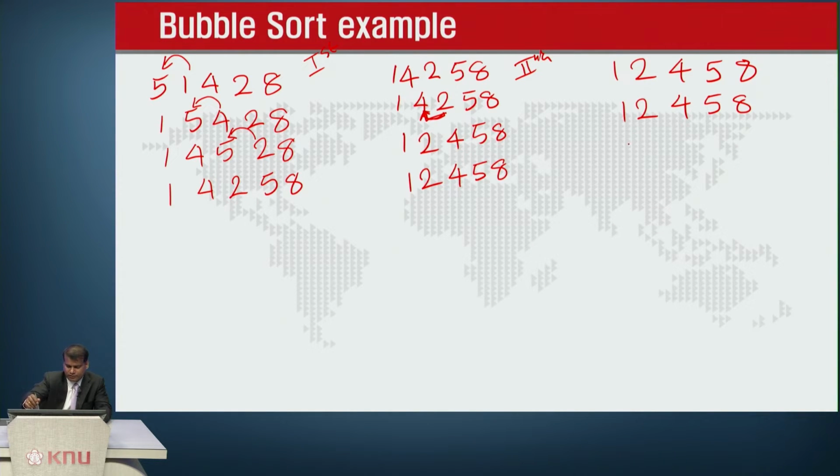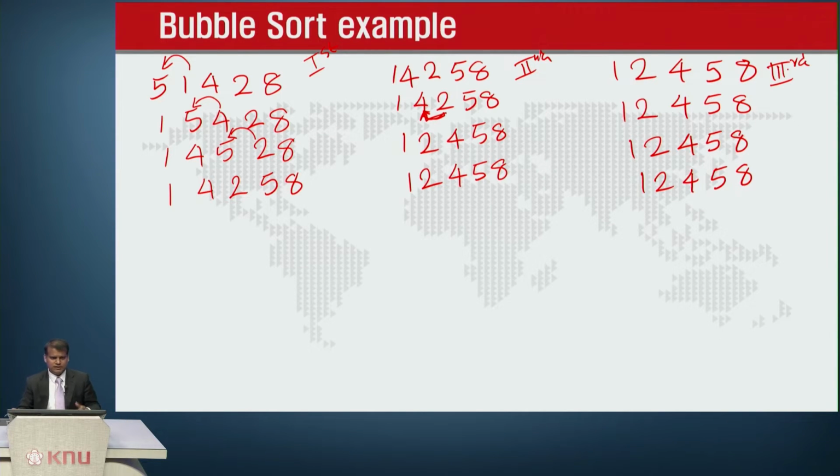If you go through the steps, you will notice that you are not going to swap 4 and 5 as well, and you are not going to swap 5 and 8. So there is no swap altogether, which means no more changes need to be done. So that's the simple bubble sort method that we have seen here.